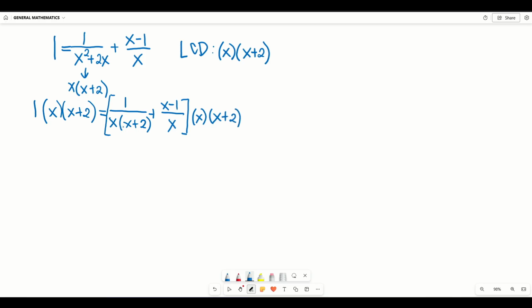So for dito sa left term natin, since meron tayong dalawang terms dito, itong LCD natin ay i-distribute natin sa kanilang dalawa.